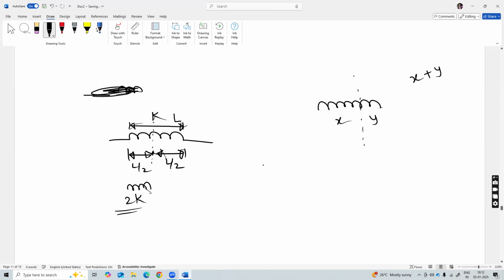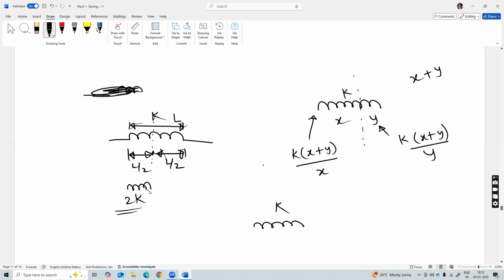In this case, the spring constant of this side of the spring will be k into x plus y upon x, and for the other side it will be k into x plus y upon y, where k was the initial spring constant.